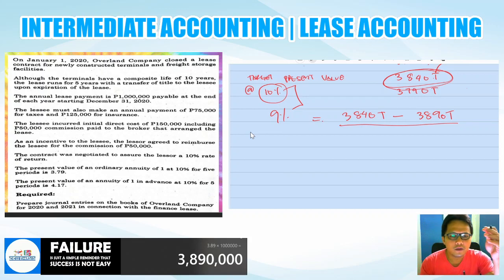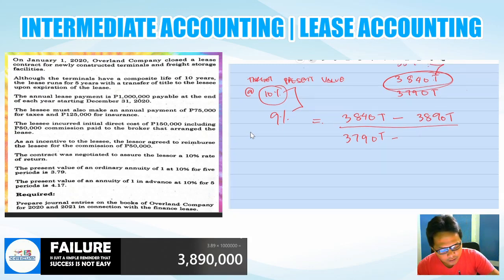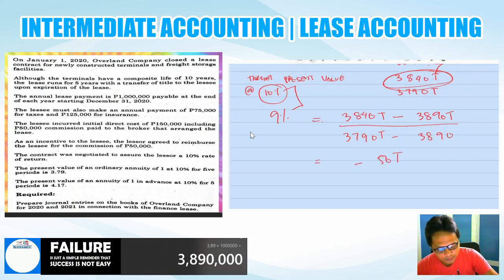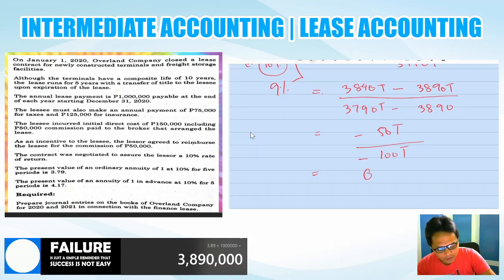The denominator is the base rate natin, which is at 10% ang value nun, which is 3,790,000 less your present value at prospected rate, which is at 3,890. Diba? So obviously, this is minus 50,000. This is minus or negative 100,000. So, we have 0.5.